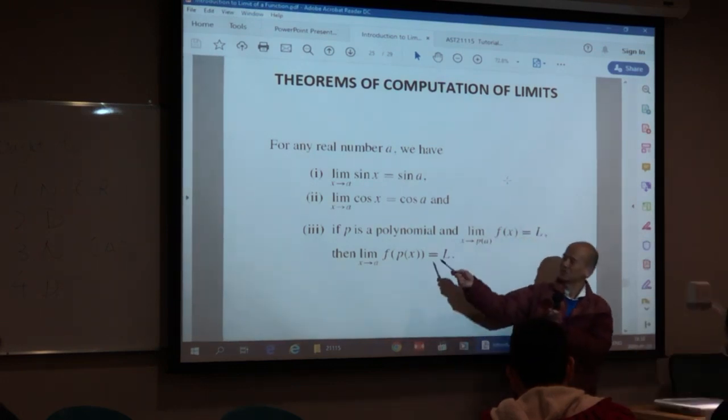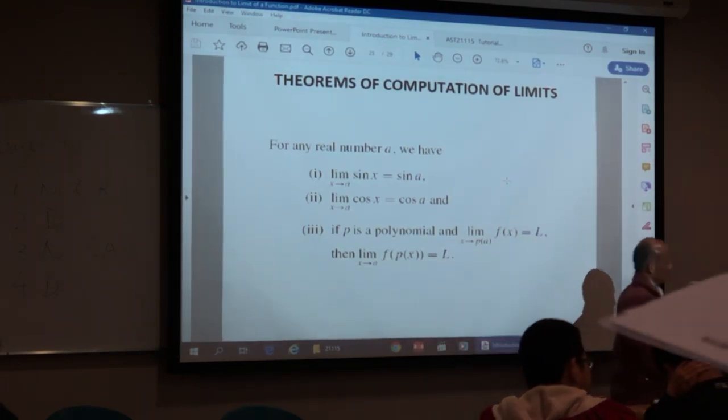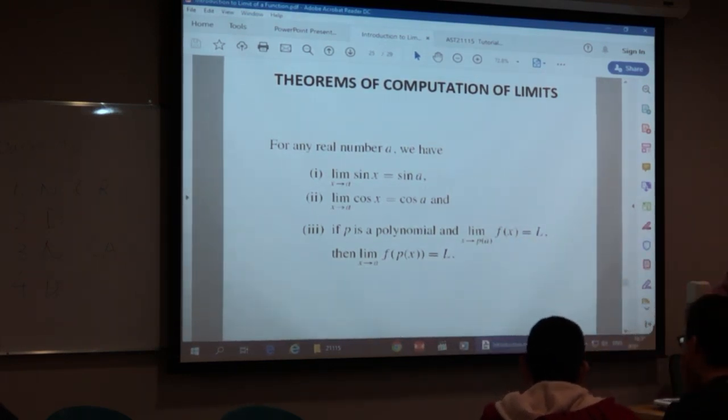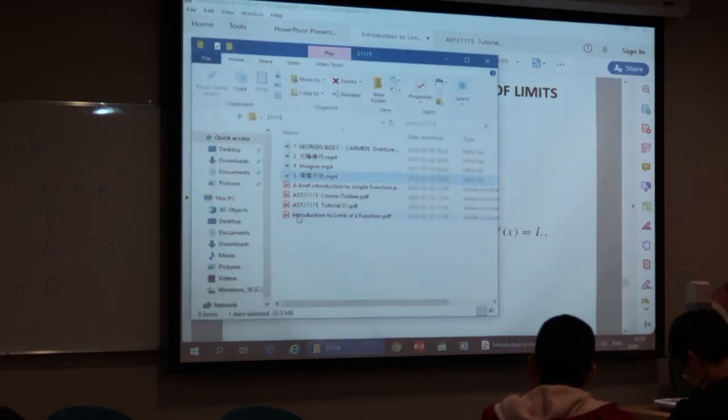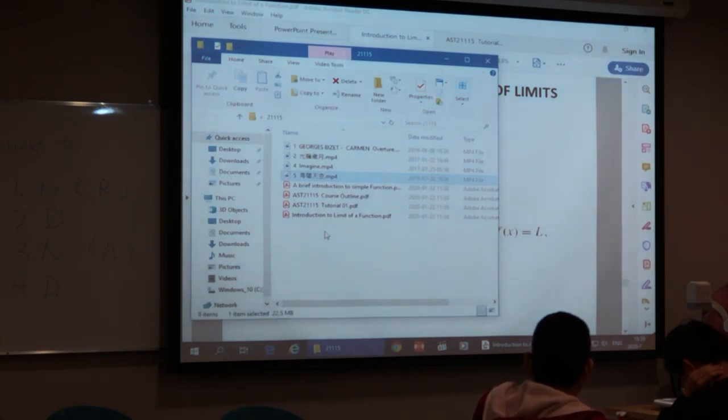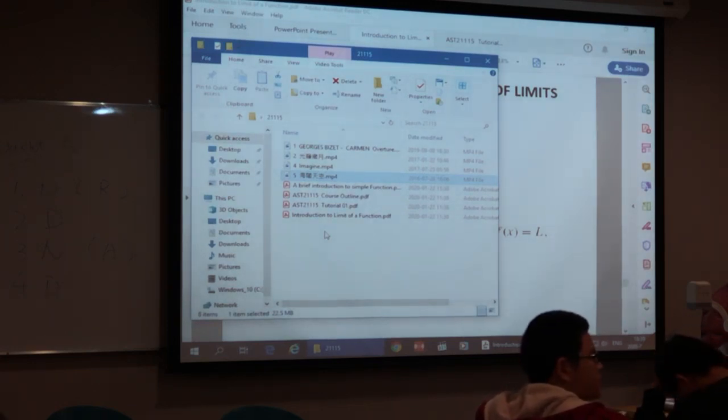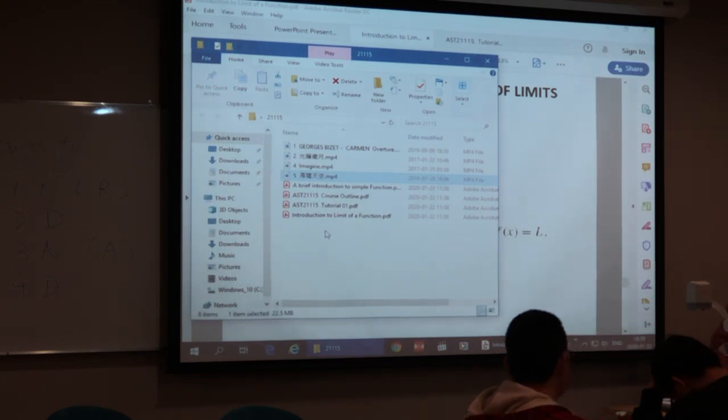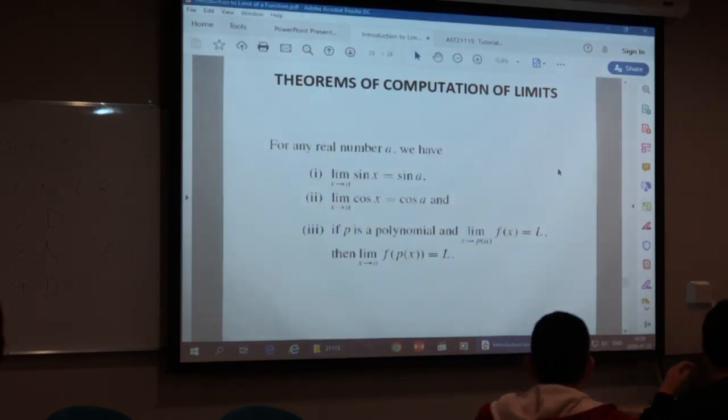Now, what is the meaning of this composite function?